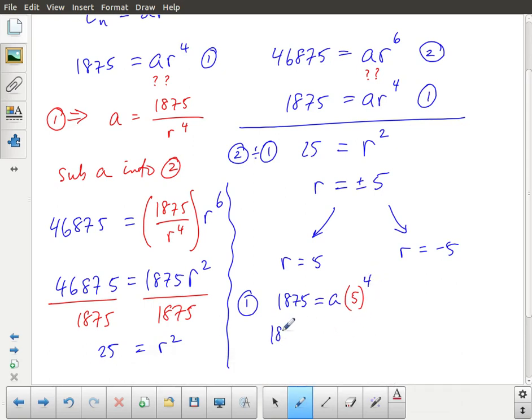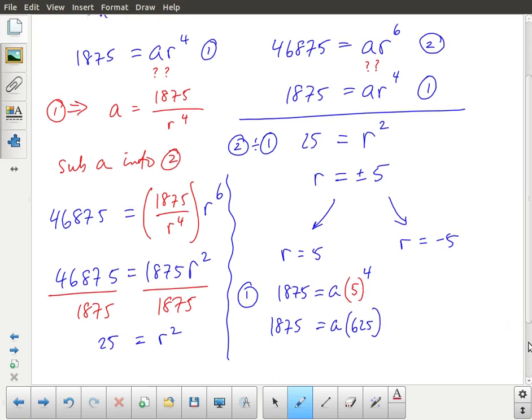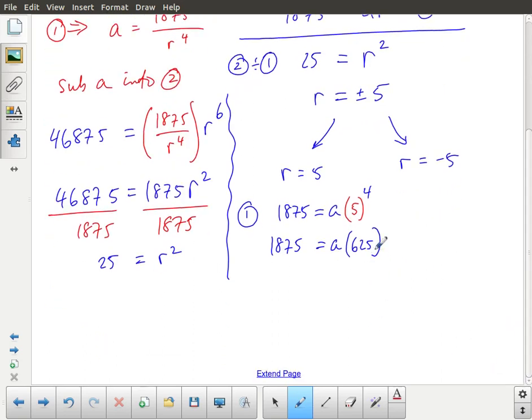So I get 1875 equals a times 5 to the power 4, let's see, 5 squared is 25, so that's going to be 620, is that right? 625? Yes, it is. And so from there, 1875 divided by 625 gives me a equals 3.